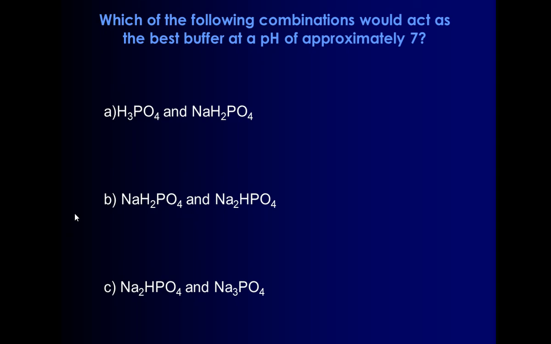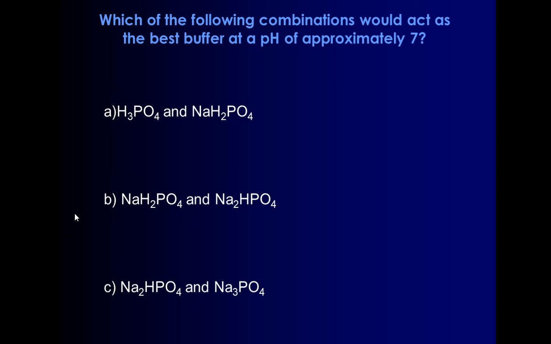So these are three different examples of buffers involving phosphate. We've got H3PO4 and NaH2PO4, NaH2PO4 and Na2HPO4, Na2HPO4 and Na3PO4. Now, the sodium ions again are just present because these are coming from salts.